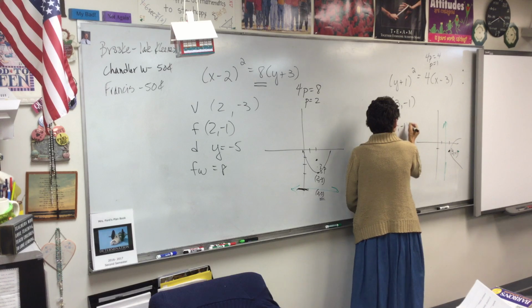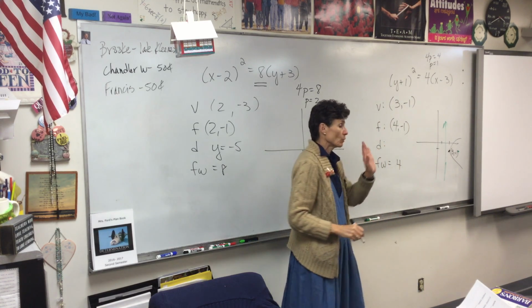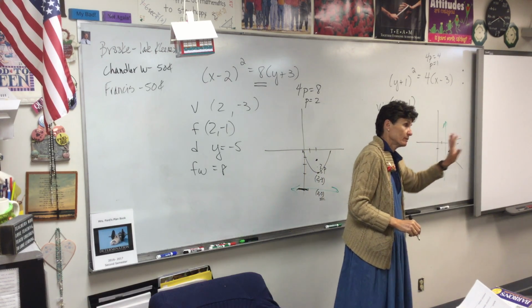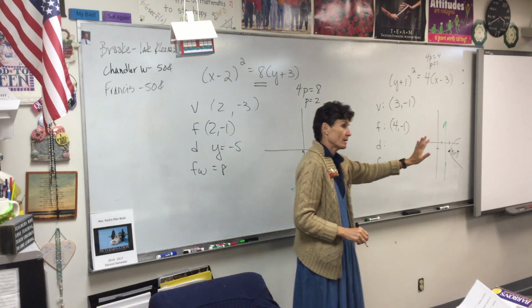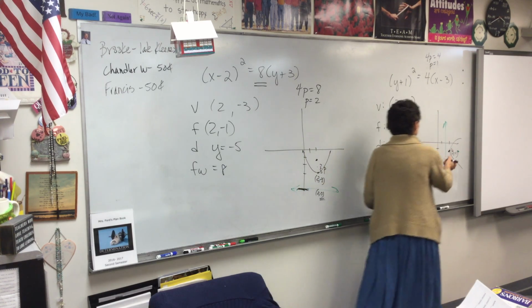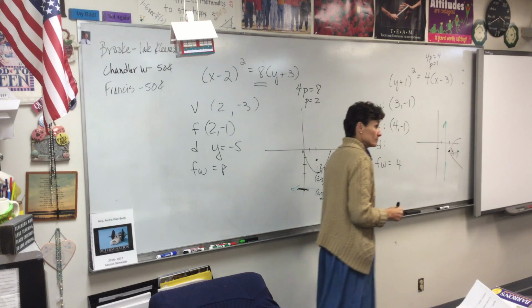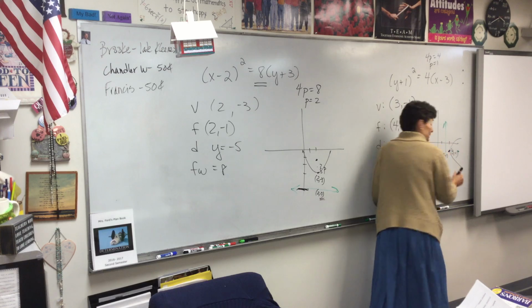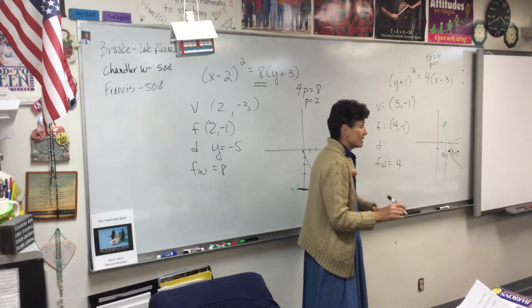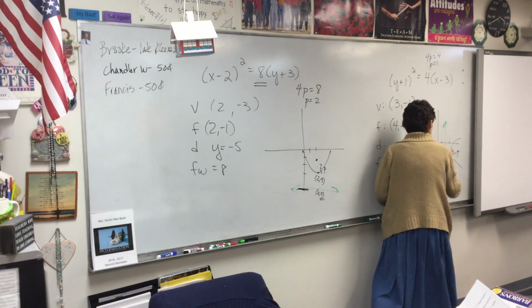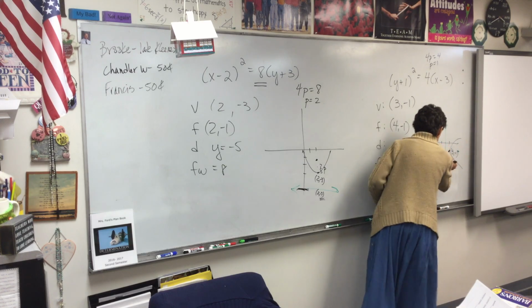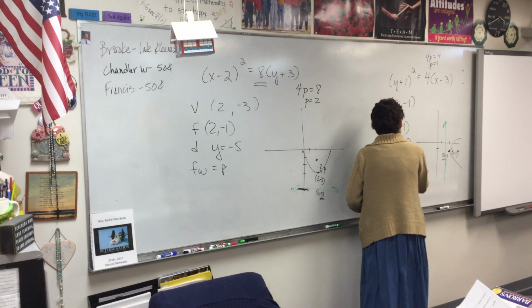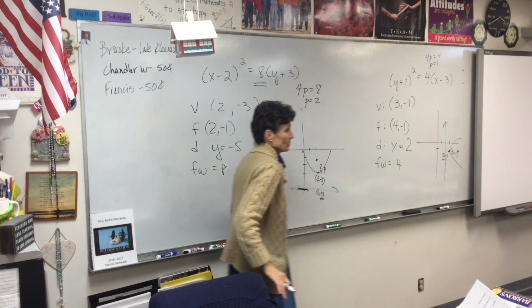Kids, if you're going to the right, X is moving, right? 4, negative 1. Now, back up one step. And that would be the point, 2, negative 1, but the directrix isn't a point. It's the line that crosses the x-axis at 2. So it's the line x equals 2.